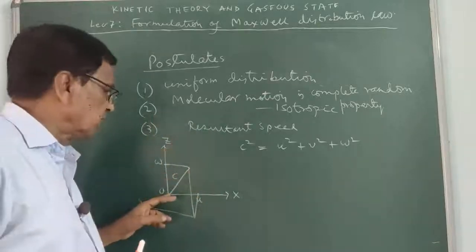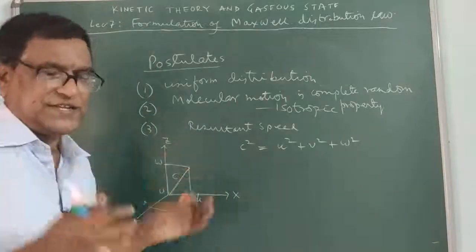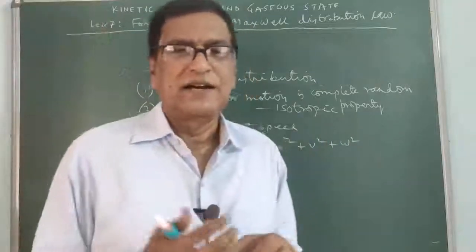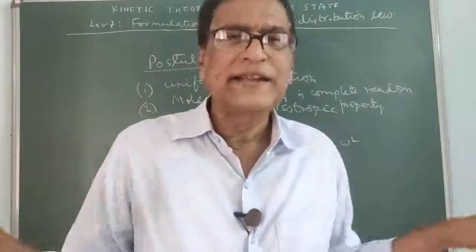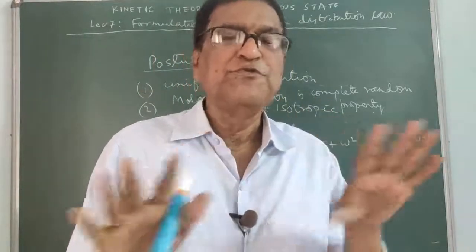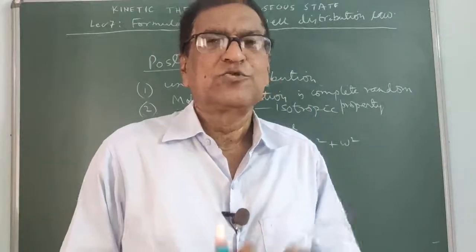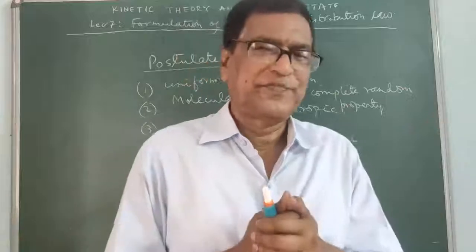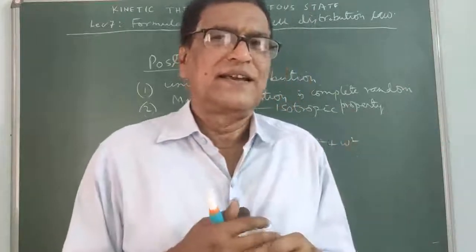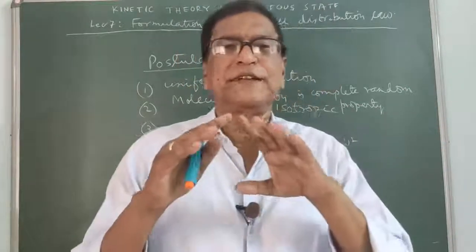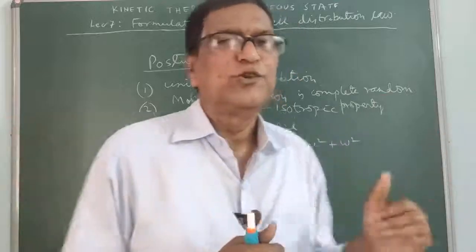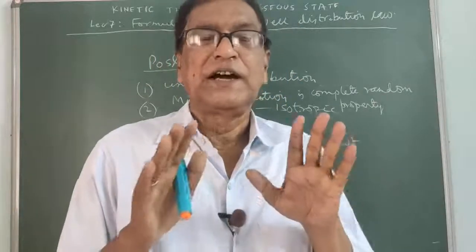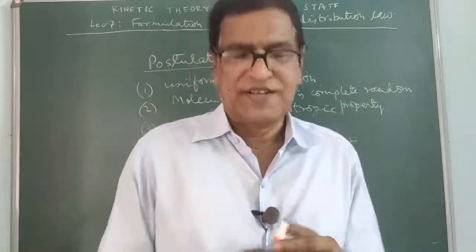And similarly for the z-axis. So they are equally likely and mutually exclusive, so that concept of probability we could apply. Not only that, Maxwell himself assumed that u, v, w are independent of each other.